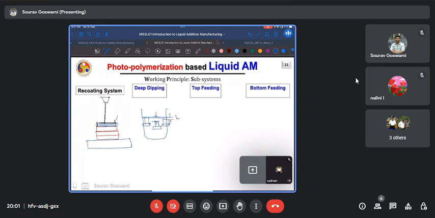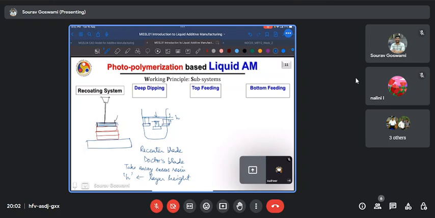And I will have a recoater blade or a doctor's blade to actually take away or remove the excess resin. Thus, in each step, I will be left with a layer of resin which is exactly equal in height to the step size or the layer height. This is deep dipping because we are dipping the built layers deep into the liquid vat.